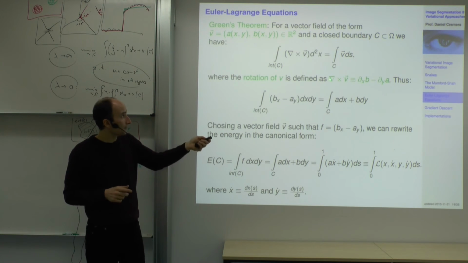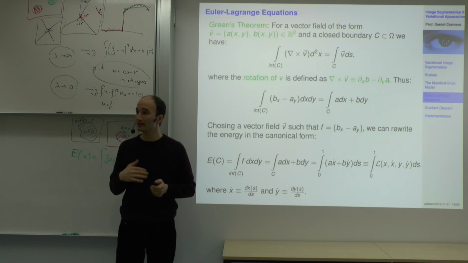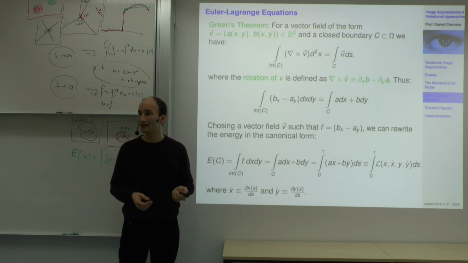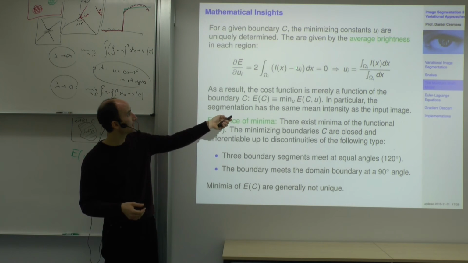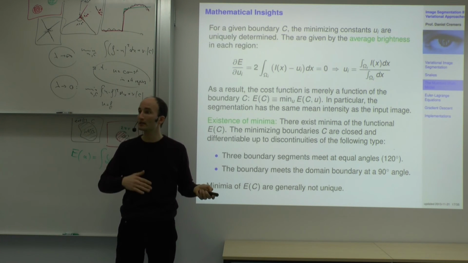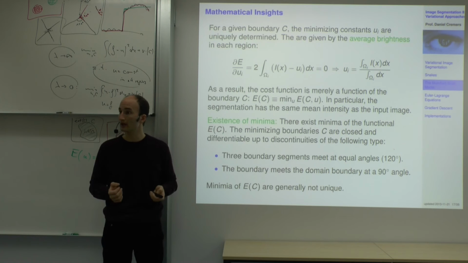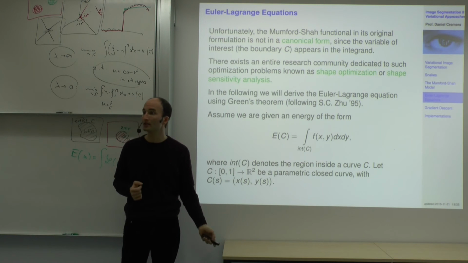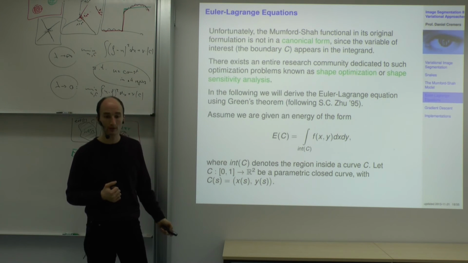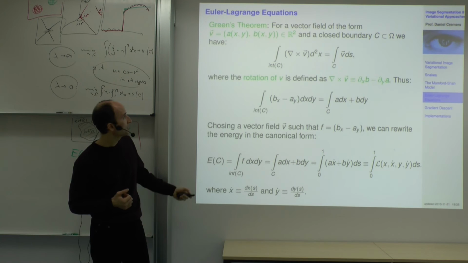But apart from that technicality, the same extends also. Then f, you're quite right, would not be just u minus I squared, but it would be u minus I squared plus nabla u squared. So whatever it is, we'll see an example where we apply exactly this approach to the piecewise smooth approximation.